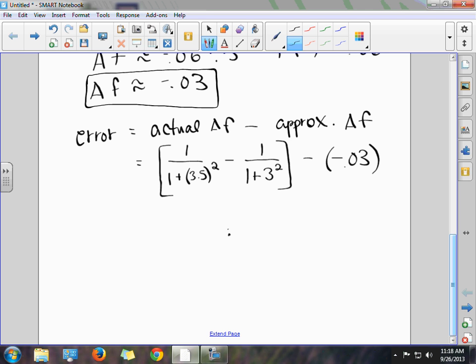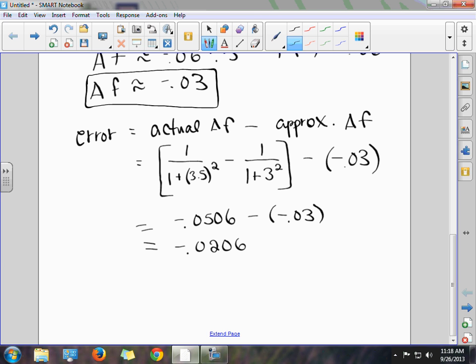When I do the math here, I get negative 0.0506 as my actual. So my error is going to be negative 0.0206.